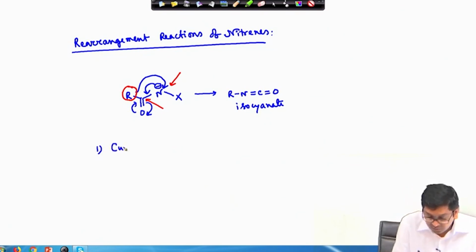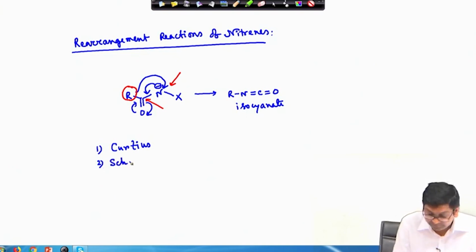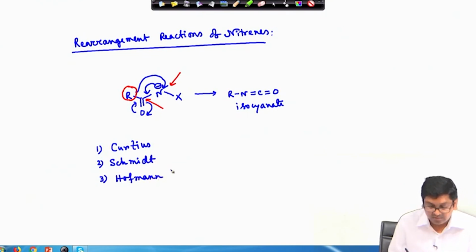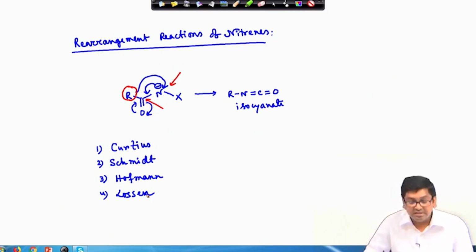One is called the Curtius rearrangement, next is the Schmidt reaction, number 3 is the Hofmann rearrangement, and number 4 is called the Lossen rearrangement. So, the Curtius rearrangement, Schmidt rearrangement, Hofmann rearrangement and Lossen rearrangement, these 4 types of reactions are associated with electron deficient nitrogen species.